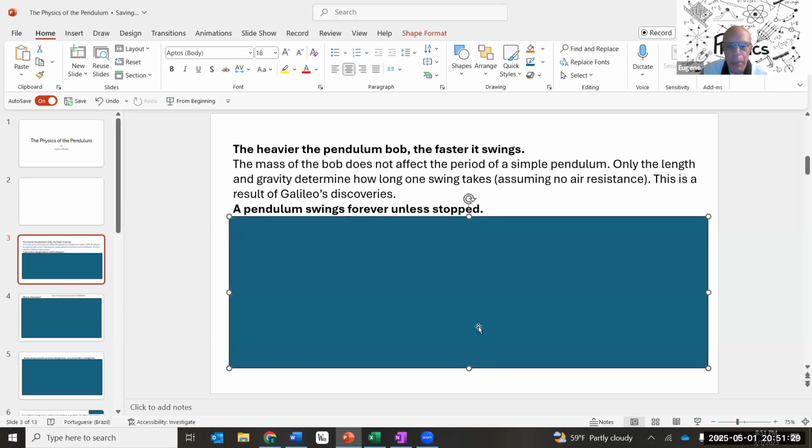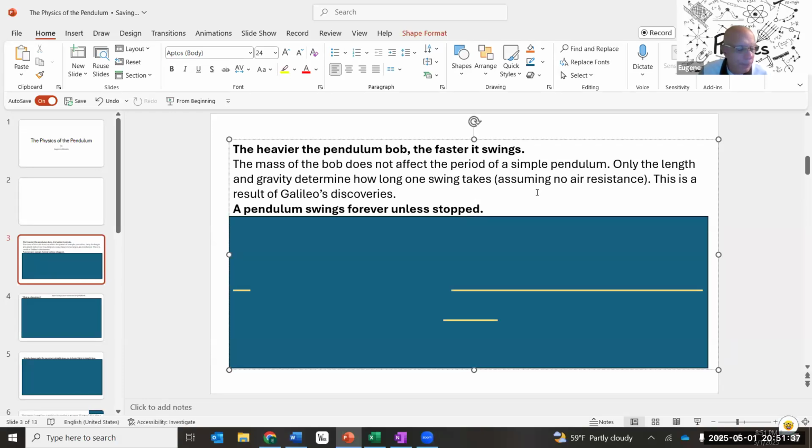What about this: a pendulum swings forever unless it's stopped. Is that true? No. Okay, why not?